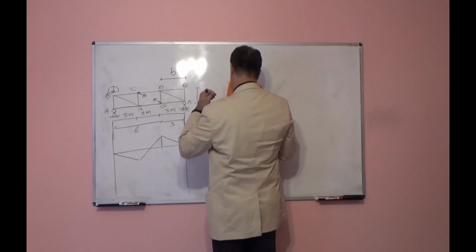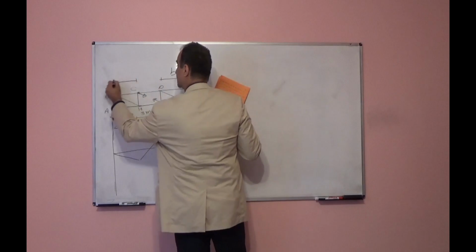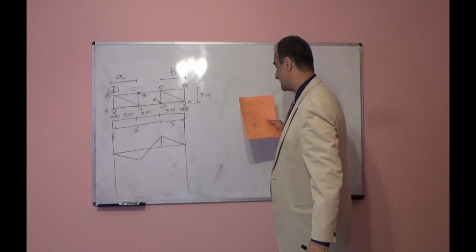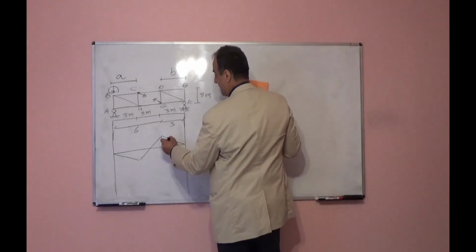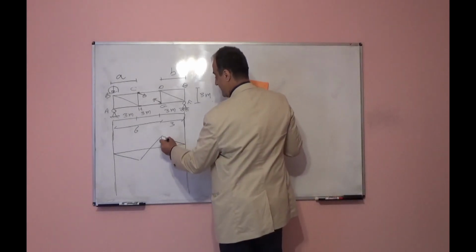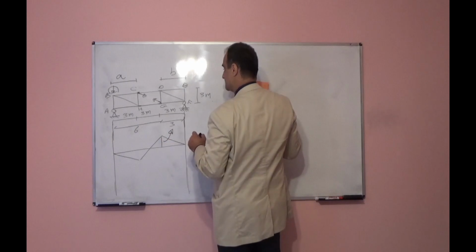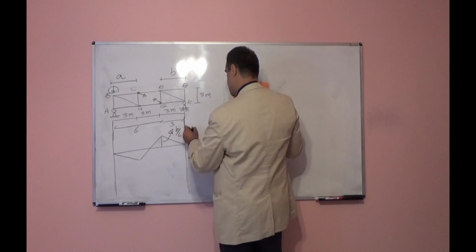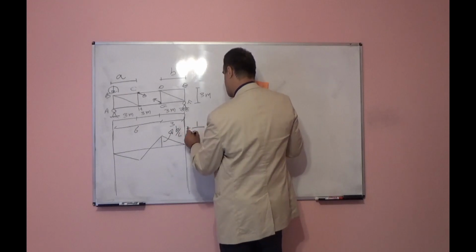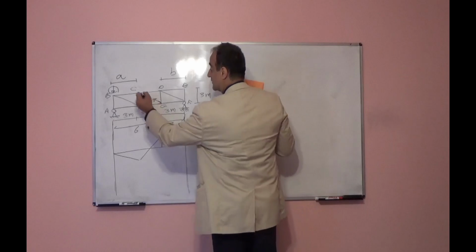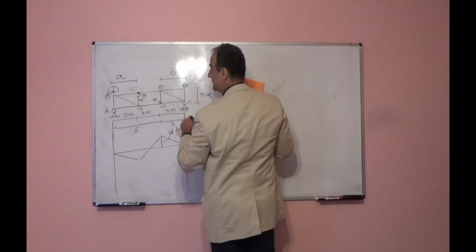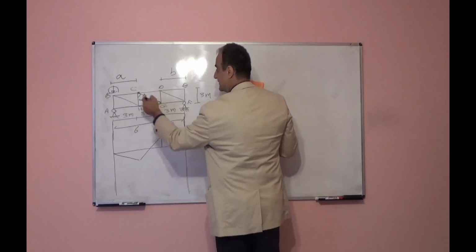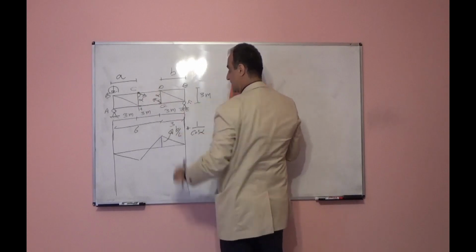if this is B and this is A, that height will be B over L times 1 over cosine alpha. Alpha is the angle of the inclined or diagonal member with the vertical direction. This is alpha, this is alpha.